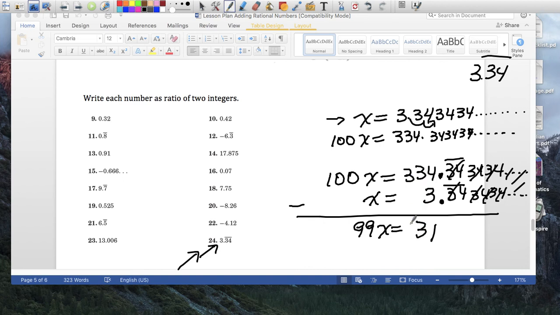Bring the 3 down. I'm going to divide both sides by 99. These turn into 1, or just x, and x equals 331 over 99. So the number 3.34 with bar notation, written as a ratio of two integers, is 331 over 99. It's pretty neat.